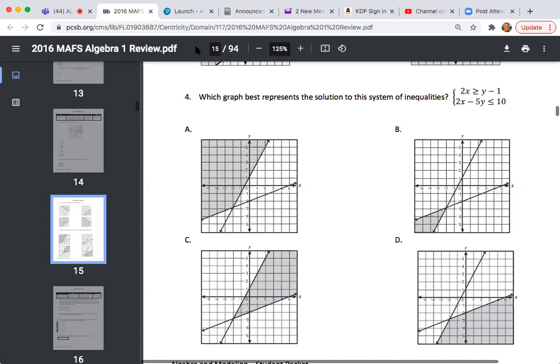Because the second inequality is very similar to the previous one we did, okay? So this is the second inequality, all right? Now I hope you guys were paying attention. I want you to tell me what is the X-intercept for this one? What's the X-intercept for this one, guys? Drop it in the chat. What's the X-intercept?